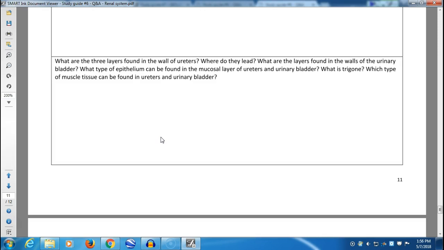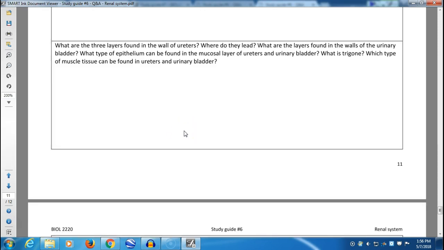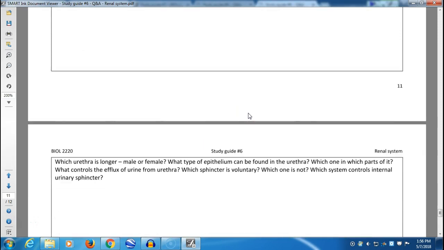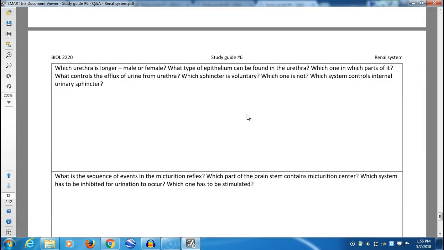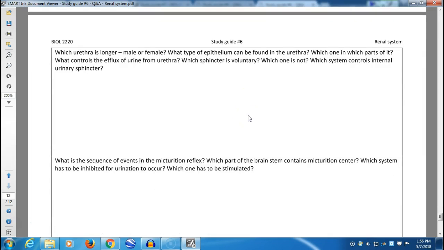Okay? So know this epithelium thing. Right? Trigone is the area between the orifices of the ureters and the urethral drainage. That's where the infections are. Male urethra is longer.